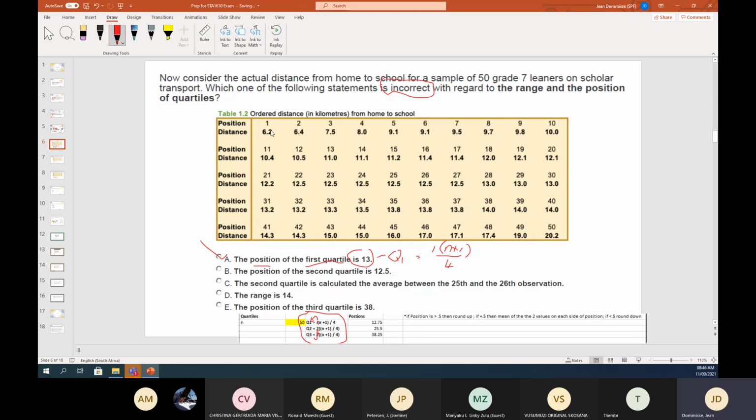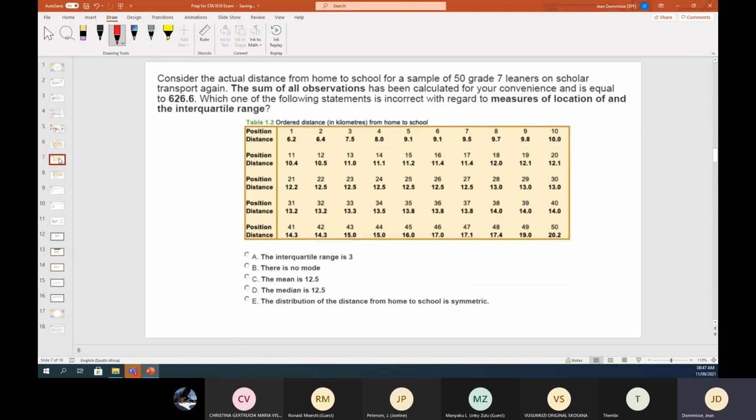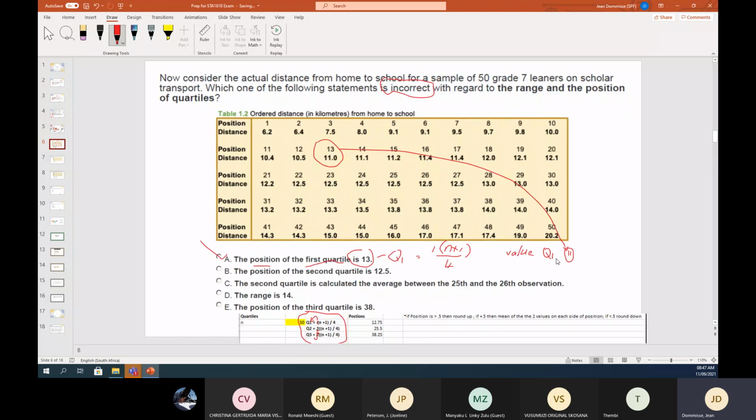Okay, so here we have position 13. If they ask us for the value of Q1, it would have been 11. So just note that difference between the position of Q1 and the value of Q1, because to be honest, they love to ask that.